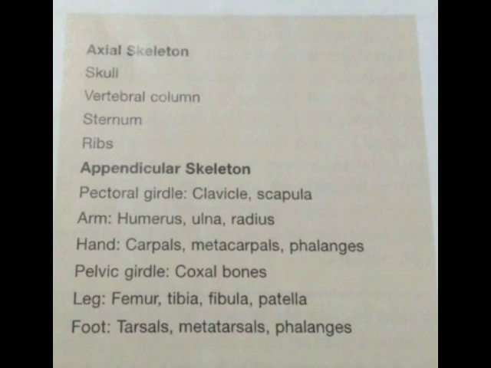Vertebral column or backbone. Below the skull, the vertebral column is present. In the vertebral column, the spinal cord is protected. Vertebral column consists of 33 bones, but due to their fusion, 26 bones are formed. These are called vertebrae.